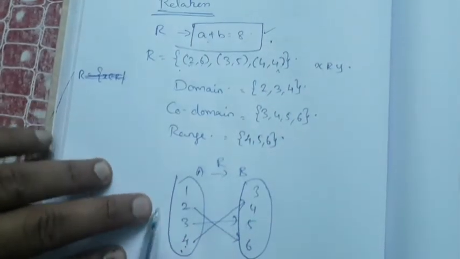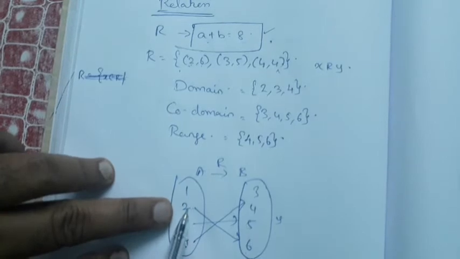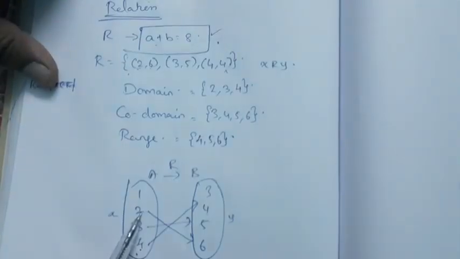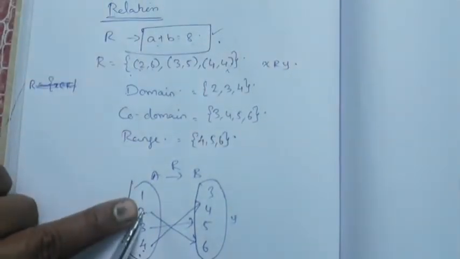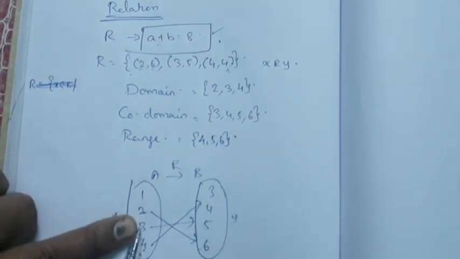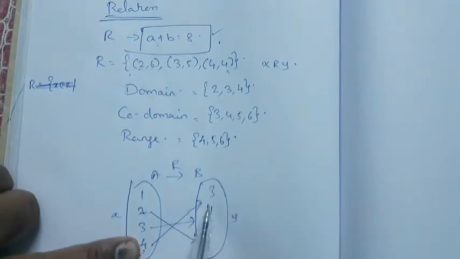See, this is considered as x and this is considered as y. This x belongs to set A, isn't it? x belongs to A, and x is related to y. This x is related to this y, and this x is related to this y.